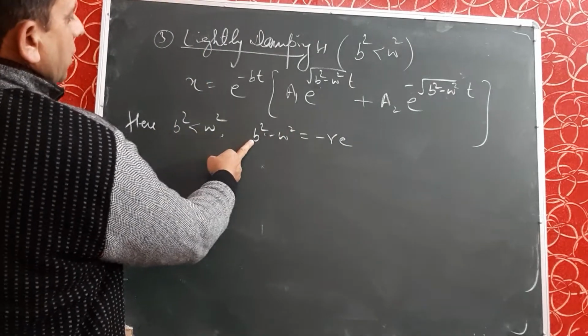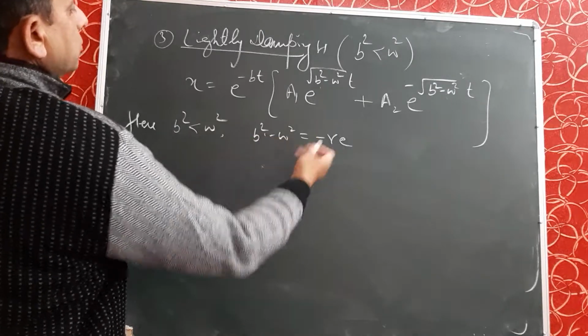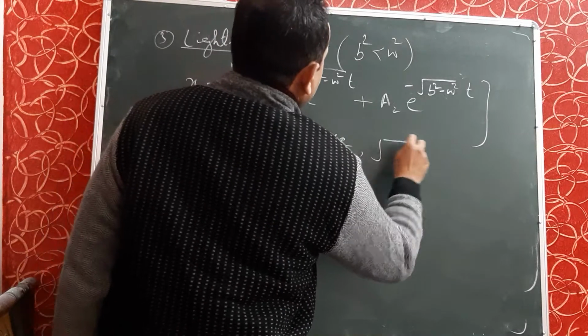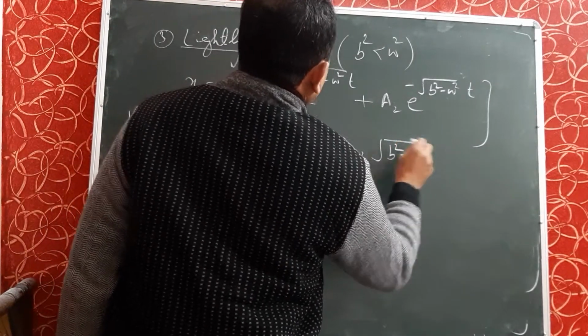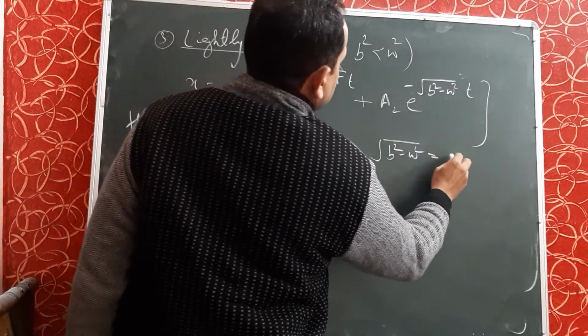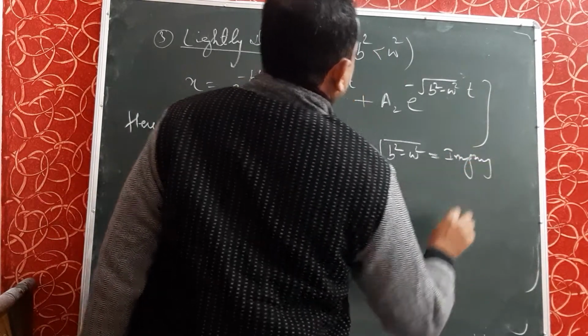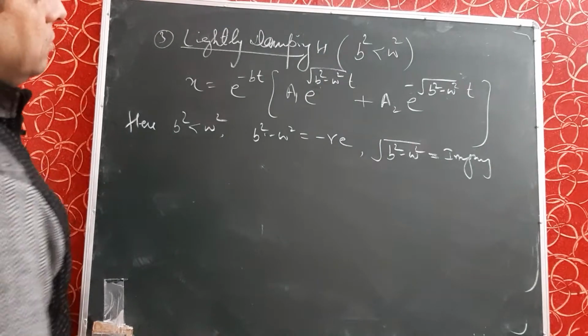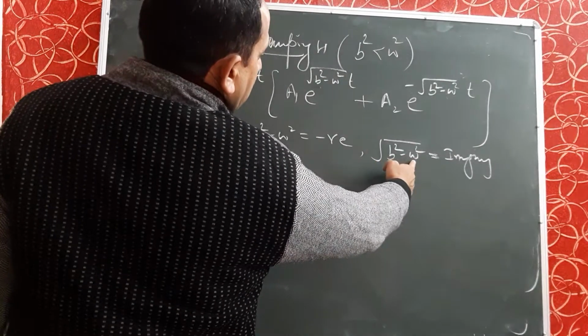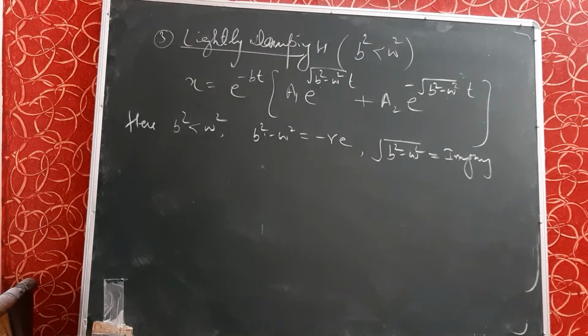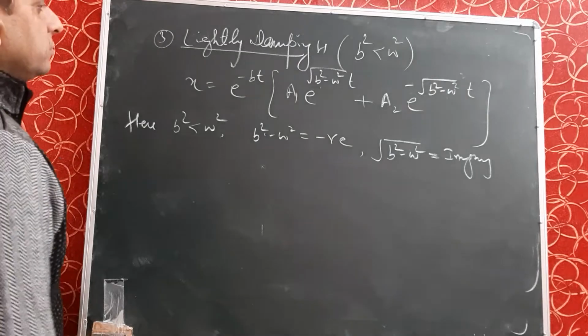Any small quantity minus large quantity, we will obtain a negative term, and the square root of b square minus omega square is imaginary. Why is it imaginary? Because it will become negative, and the square root of a negative term is iota into something. Iota means negative term, complex term or imaginary term.